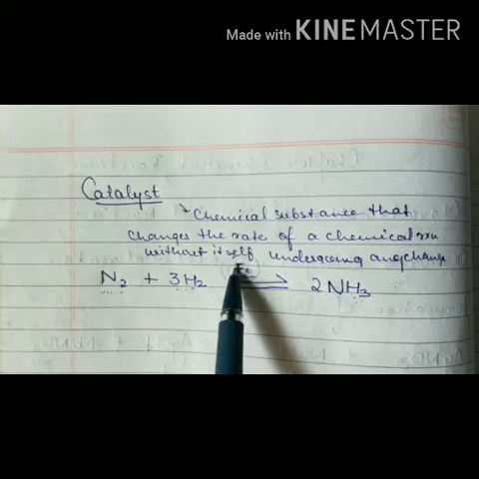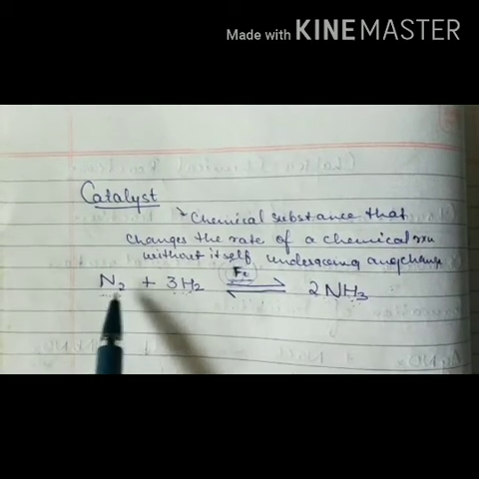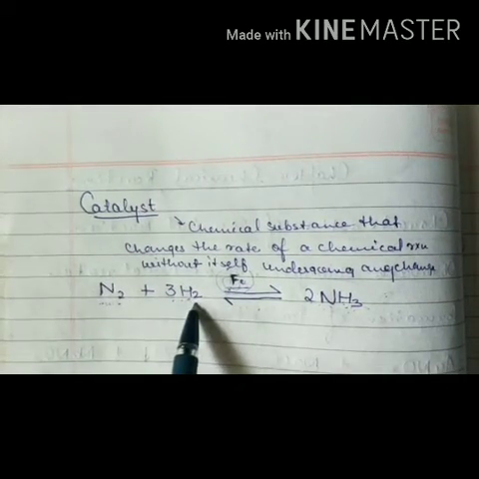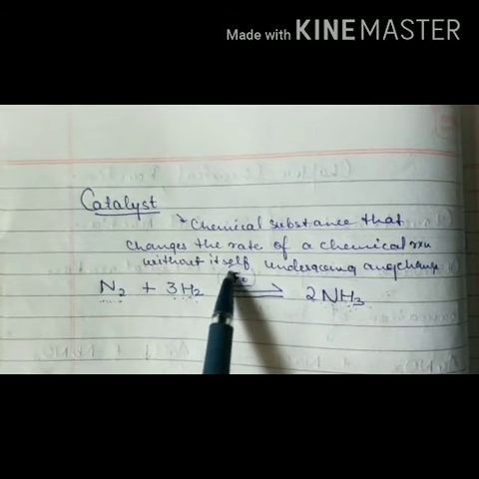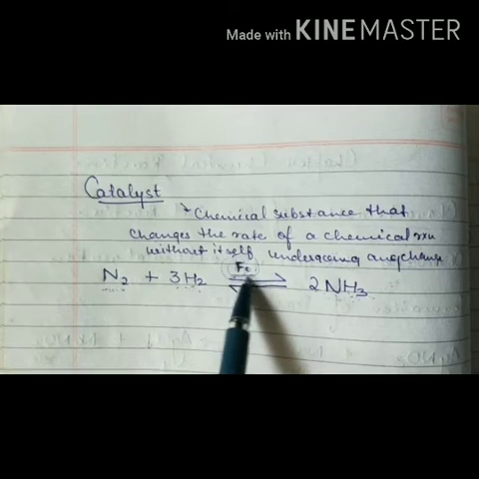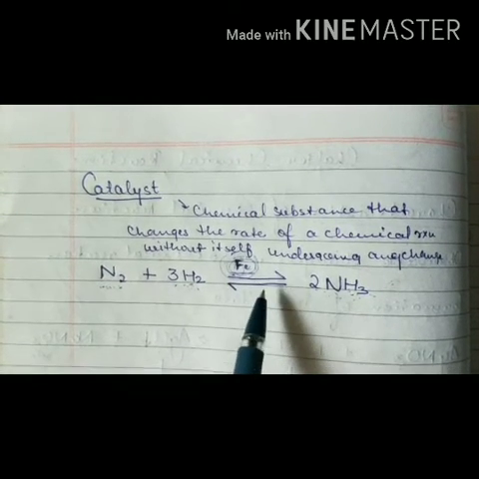Here you can see the example: N2 plus H2 gives NH3, nitrogen plus hydrogen gives ammonia. You are using iron as a catalyst, but the iron will only affect the rate of the reaction.